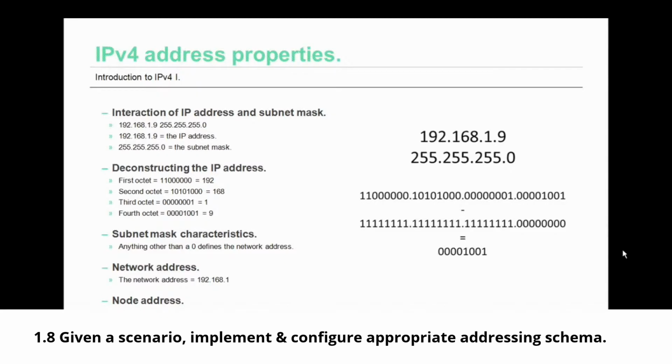Everything that is covered by a 1 is the network address. So for that IP address, 192.168.1 is the network portion of the address, and the node portion of the address is the 9. And that's how the IP address and subnet mask work together to define the network and the node.